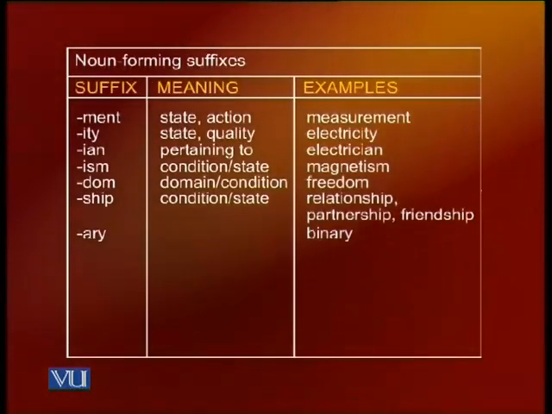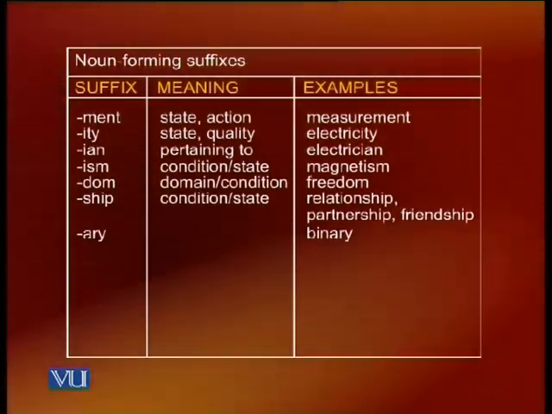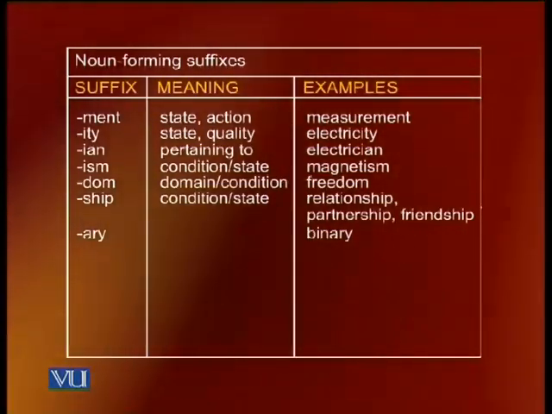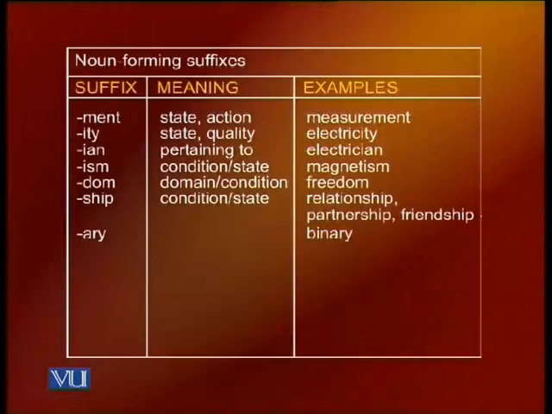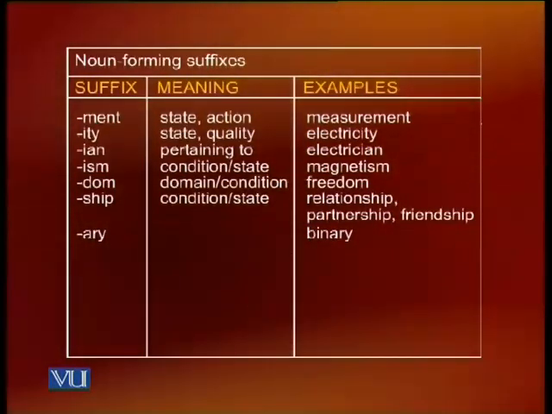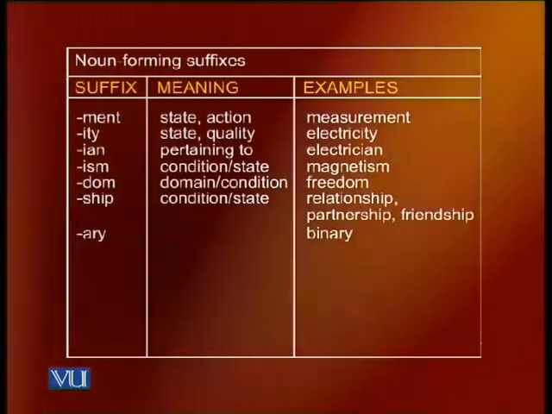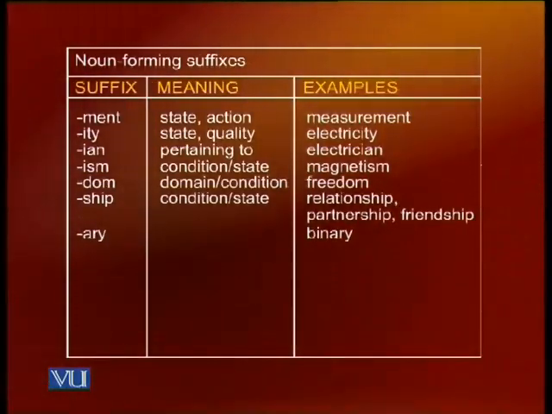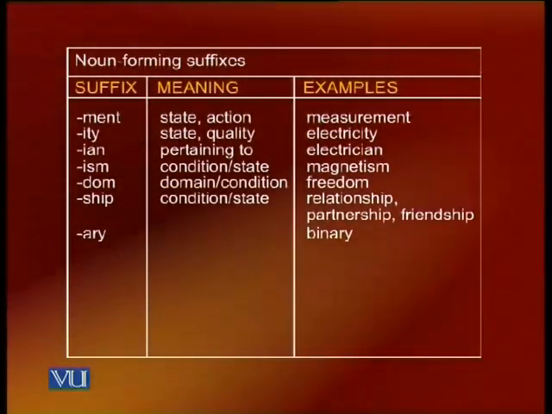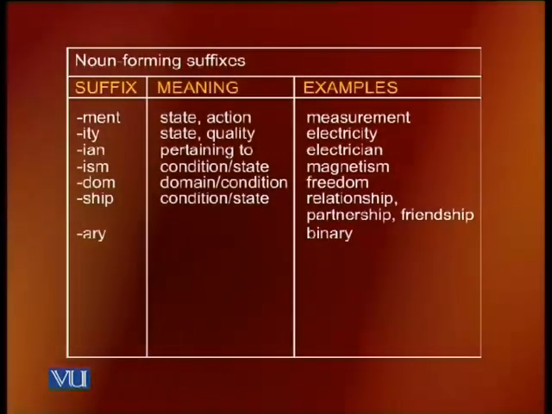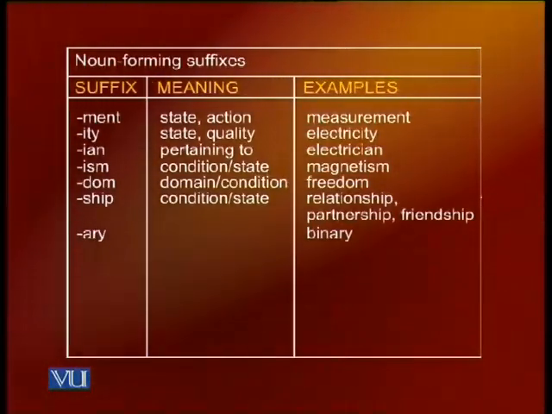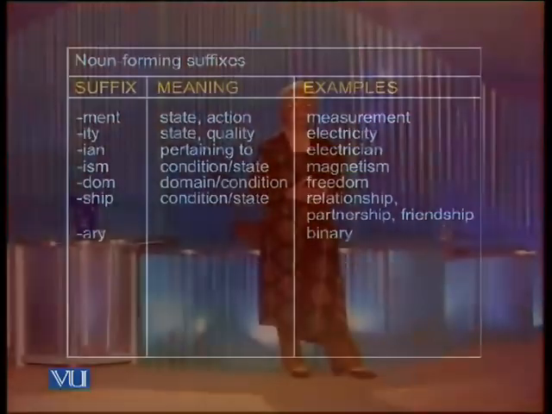ian, which means pertaining to, electrician. ISM, it means you are again talking about a state or a condition, and it is magnetism. Take the word magnet. You add the letters ISM at the end, and it will become magnetism.